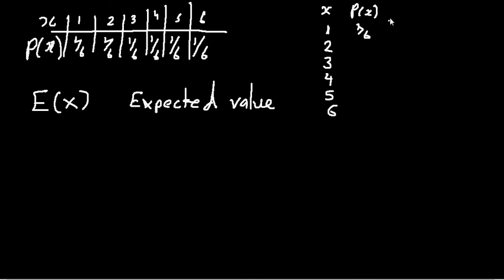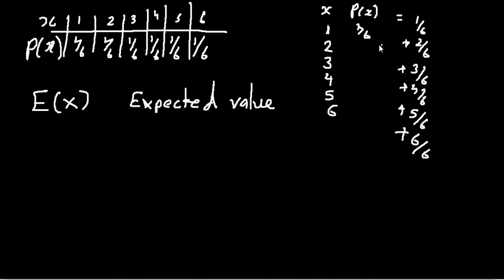Here every time you multiply by a 6th. So the result of that is 1 times a 6th is a 6th, 2 times a 6th is 2/6, you get 3/6, you get 4/6. I'm multiplying every outcome by its probability because it's a 6th, the same value that I'm multiplying it by.